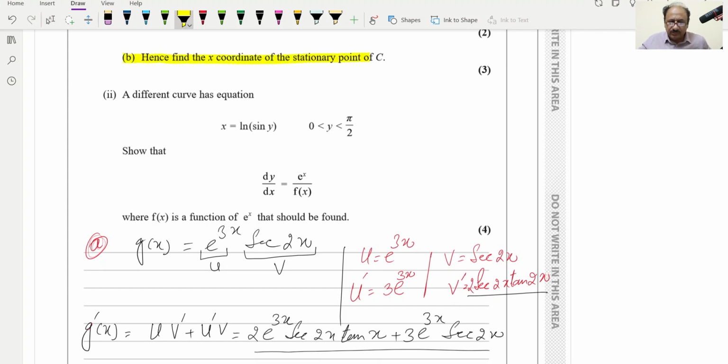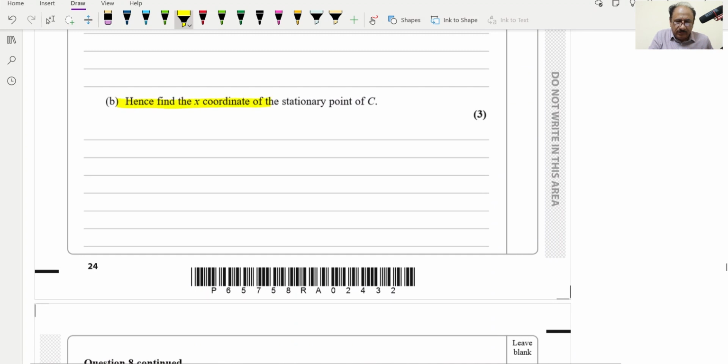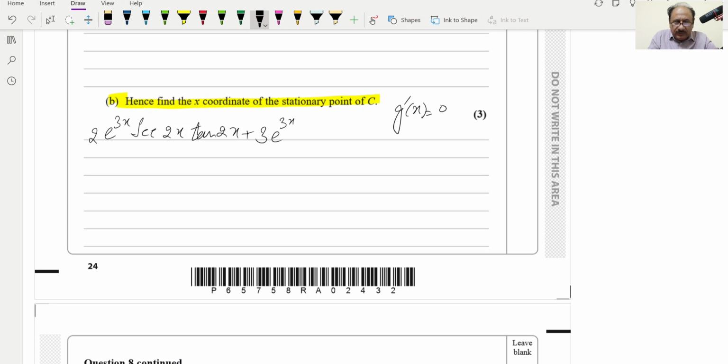Then part b: find the x coordinates of the stationary point of C. Basically we have copied it over here also. For a stationary point, we take g dash of x equal to 0. So we equate the equation which we just found to 0: 2 e raised to the power 3x secant 2x tangent 2x plus 3 e raised to the power 3x secant 2x is equal to 0.